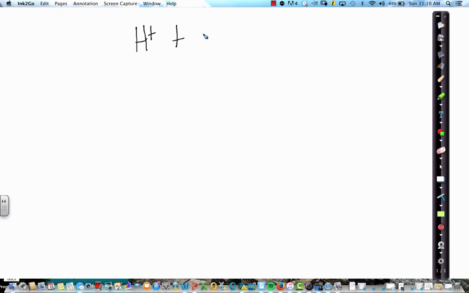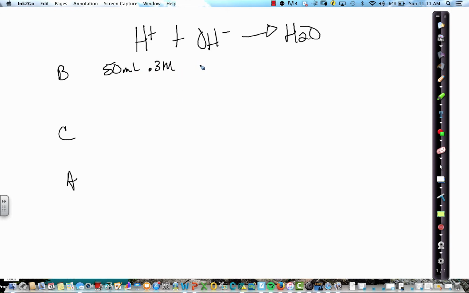All right, so let's do a BCA table. Initially we start off with 50 milliliters of the hydrochloric acid. And this time we're going to do 75 milliliters of my base.